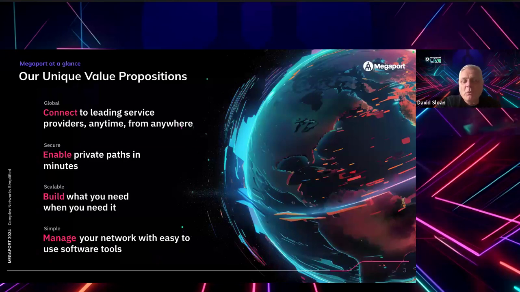So what we really want to talk about first is to set some context and to level set about Megaport's network proposition, so you can understand what we're going to talk about further in the demo.